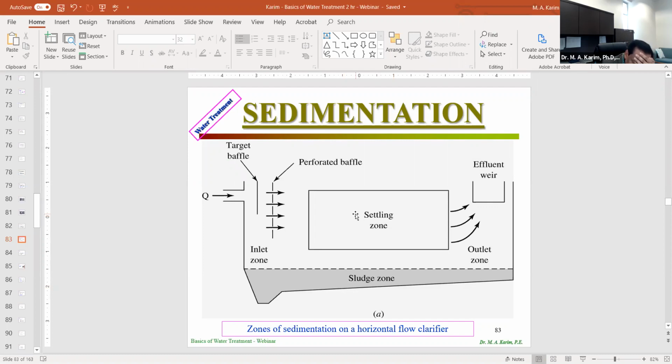In statics, what we discuss is how two forces can be combined to make a resultant force, right? If one force is going down and the other is going to the right, the resultant will be diagonal. Going down is the settling velocity, and the one going to the right is the flow velocity, the water flowing through the tank.